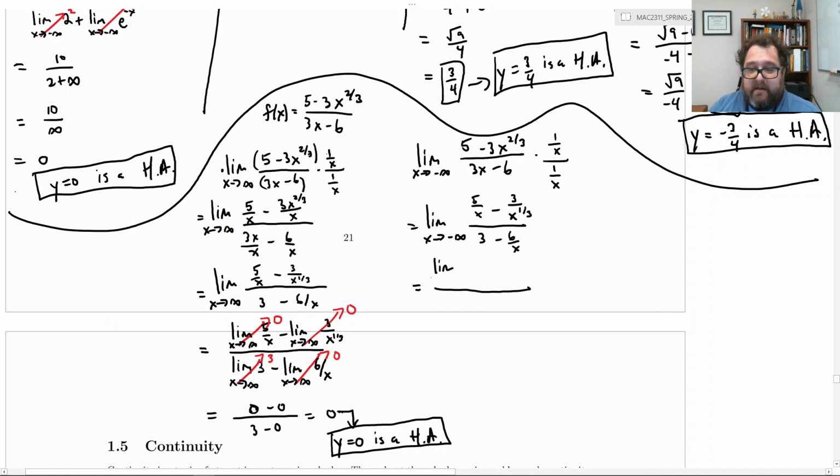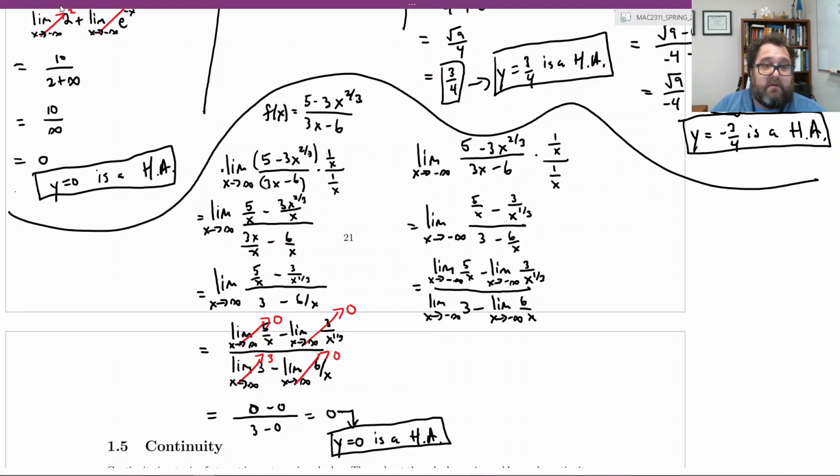The limit as x goes to negative infinity of 5 over x minus the limit as x goes to negative infinity of 3 over x to the 1/3, over the limit as x goes to negative infinity of 3 minus the limit as x goes to negative infinity of 6 over x.